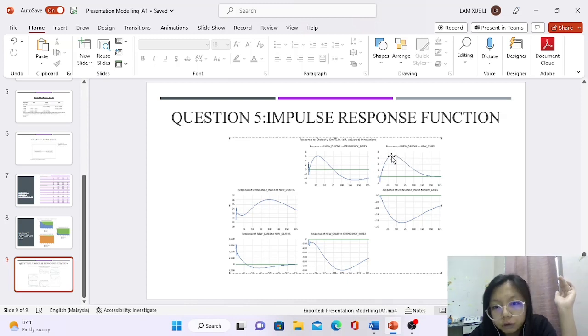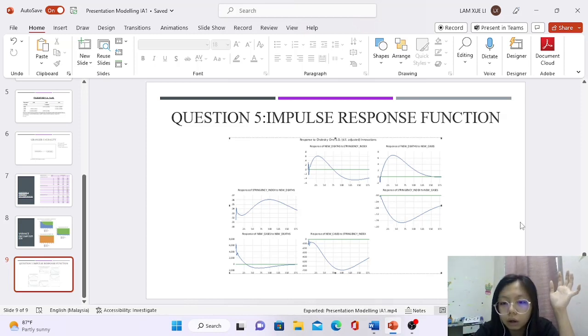It dropped starting from around 28, decreased and achieved stabilization at around 150 horizon. And now we look at the stringency towards new death. It actually increased at the beginning, but decreased at around 10 horizon, and then increased and fluctuated, and it cannot achieve stability.